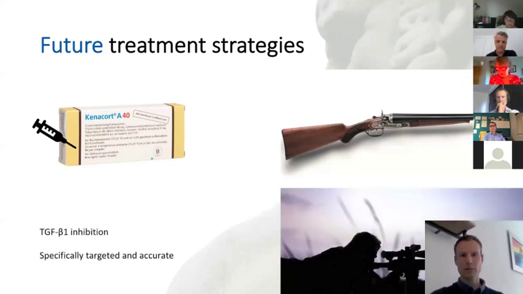And in the near future, we will move on to more specifically targeted medication to block that pathway leading to tissue fibrosis. And TGF-beta1 is an important target. But we do need to avoid the systemic side effects, because TGF-beta1 has a very wide role in our body, involved in wound healing, involved in our immune system and cell differentiation.